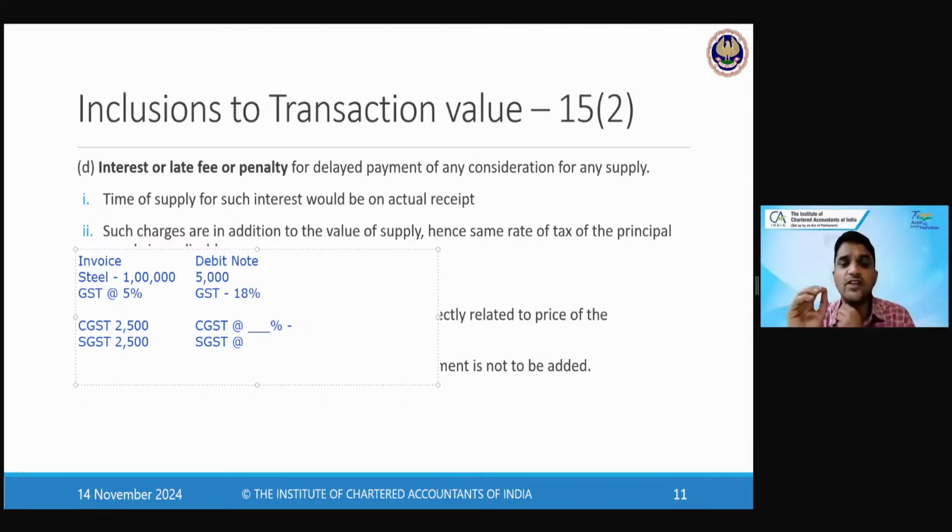Correct? And in case of supply of goods, receipt of payment is not there. So issue of invoice is the time of supply. So when you issue the invoice, that is the time of supply. Okay. So when you issue the invoice, at that time itself you have to charge the GST. It's not that you have to delay the invoice. You have to issue the invoice on time itself.